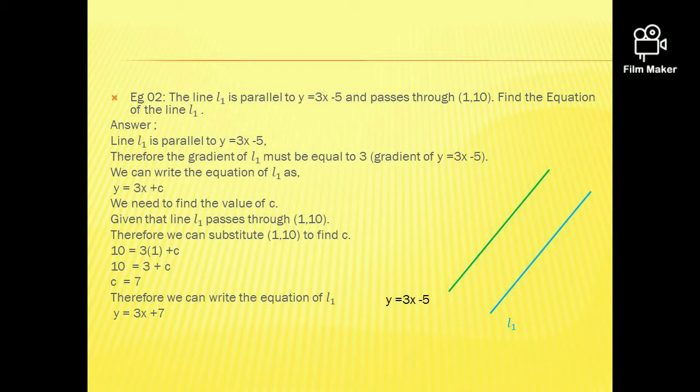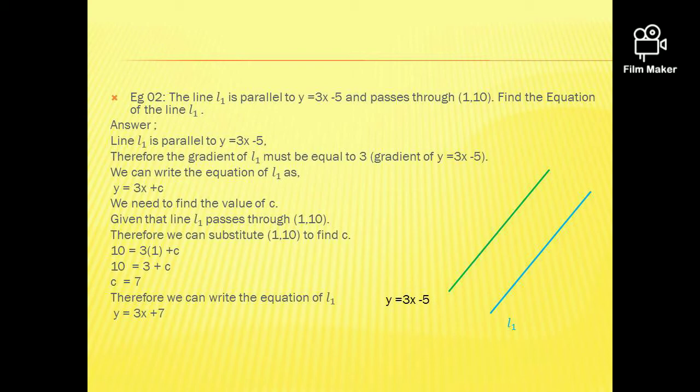If two lines are parallel to each other, we can simply understand that their gradients must be similar. We know that the gradient of the line y equals 3x minus 5 is 3. Therefore, the gradient of line L1 must be 3. Then we can write the equation of line L1 as y equals 3x plus c. But still we have a doubt how to find the value for c.